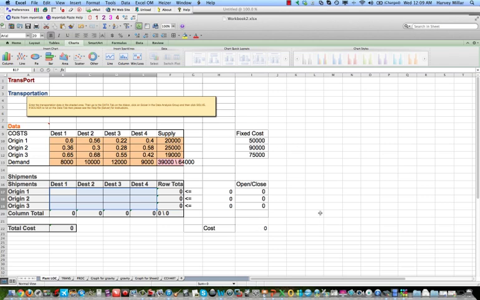So I took the very same transportation problem, but then I changed it to a location problem. Why? Because I changed the quantities that are available at each of these locations such that not all of them have to be active to supply the demand. The total demand is 39,000.